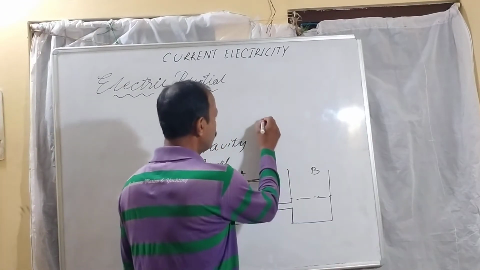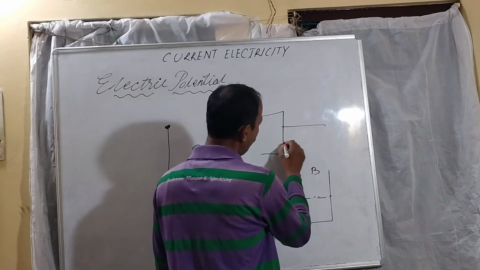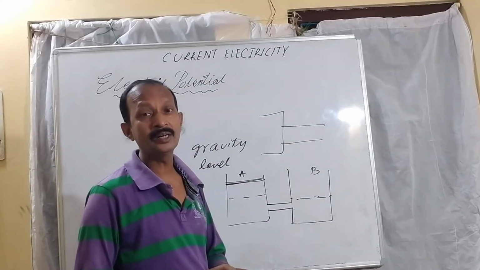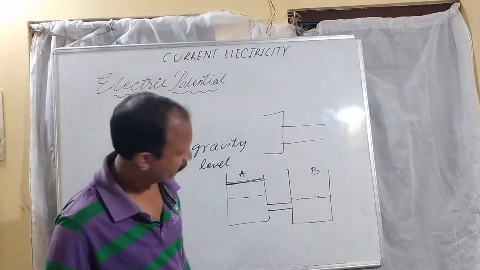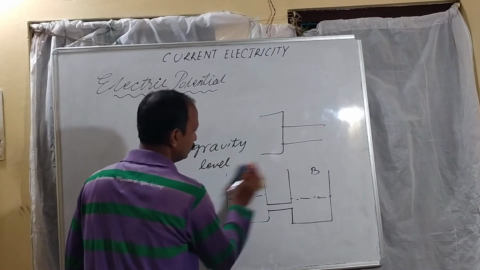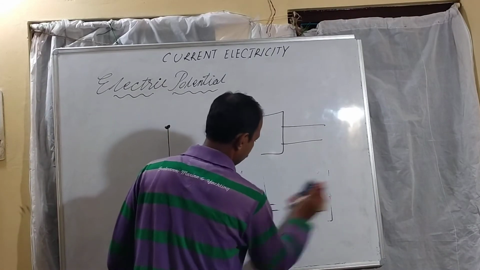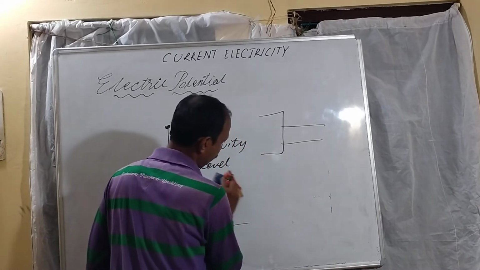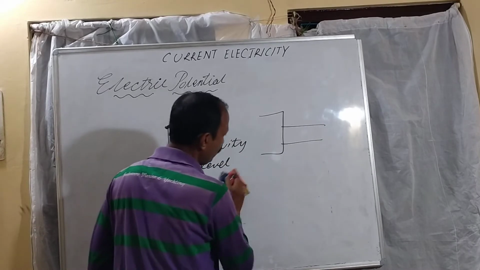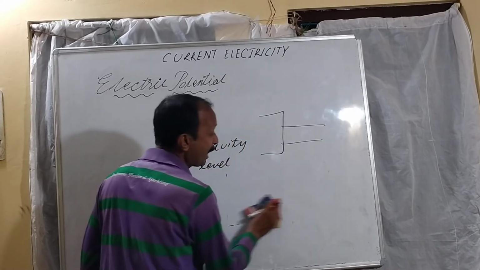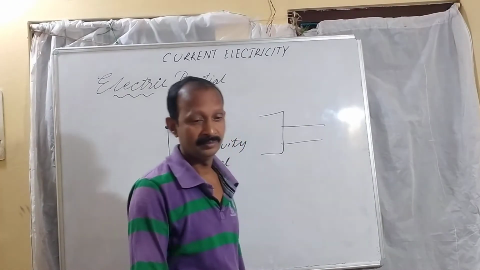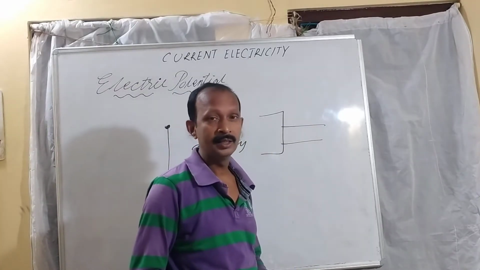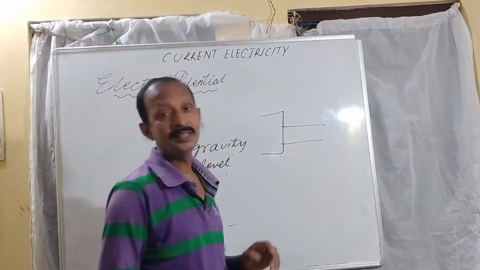Similarly, suppose this is a charged body, one more charged body is here. Both the charged bodies are in contact. If the two bodies are in contact, the charge will flow from one body to another body. From which body to which body it will flow, we'll discuss in this video.